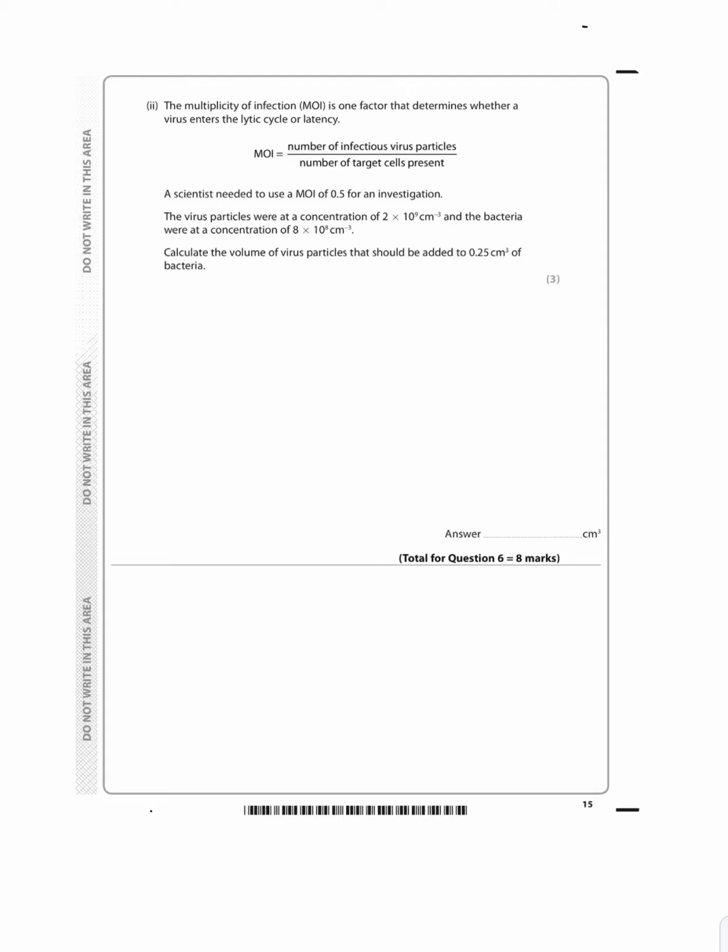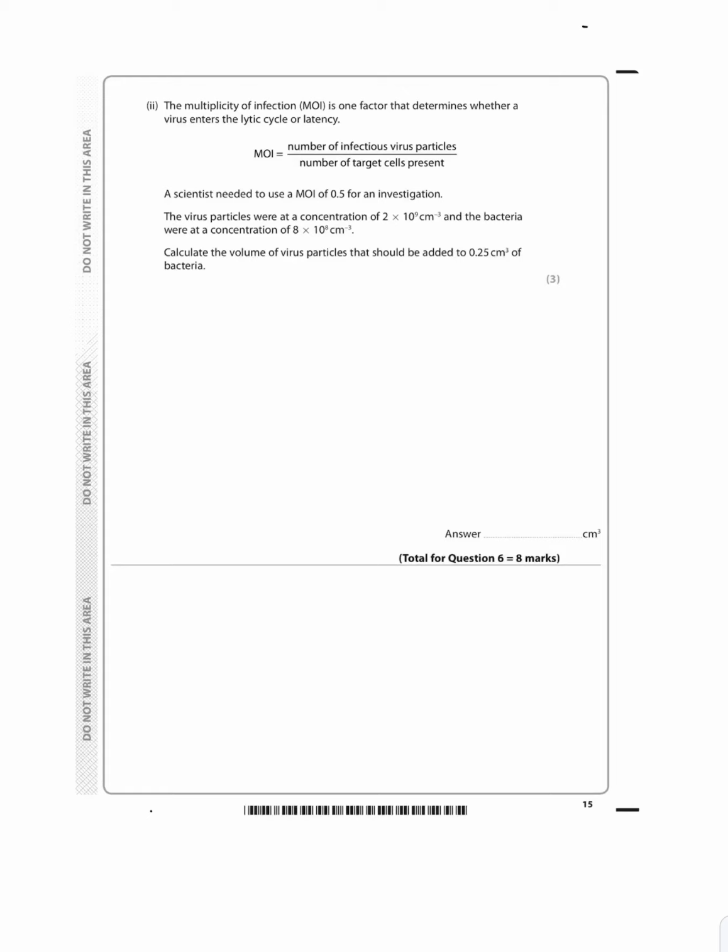What you're going to need is to stay calm, break things up, and see what they're actually asking for and how you can get to it. It's not important whether you know what a multiplicity of infection is or not. You're just going to have to break it up so you know what you're multiplying and dividing.